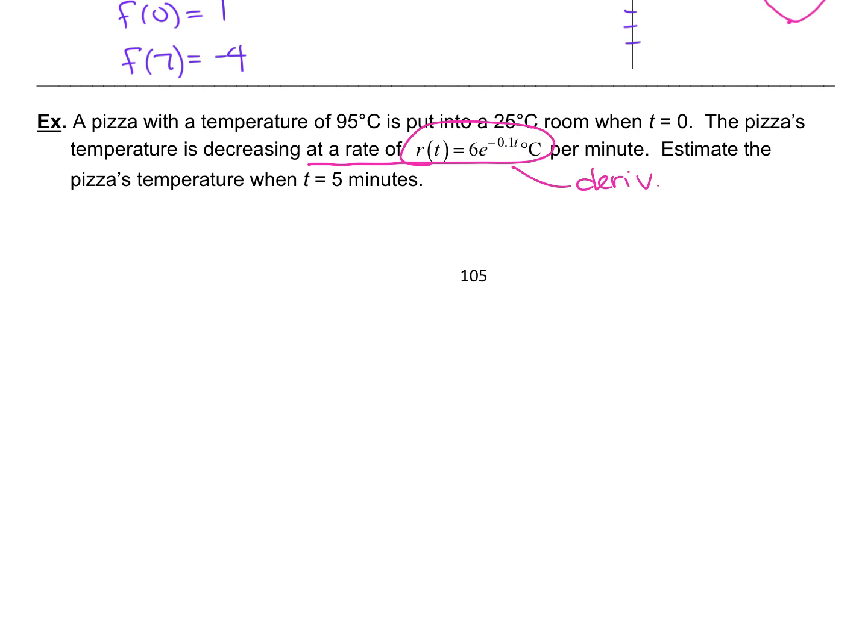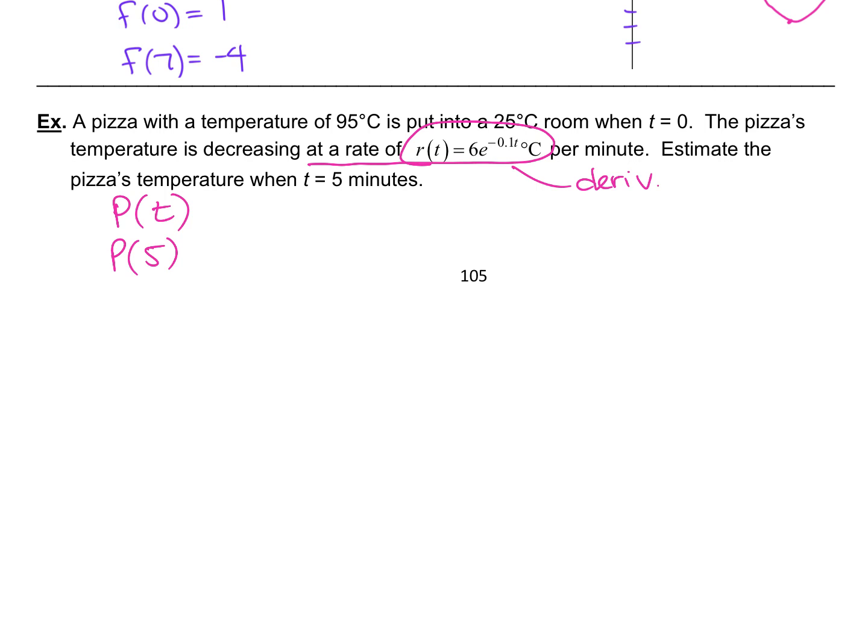So we want to know essentially on this, whatever you want to call the temperature function, let's call our temperature function P of t. Pizza's temperature. There you go. I'm going with that. We want to know pizza's temperature at 5 minutes. Yes? All right. We have the derivative.